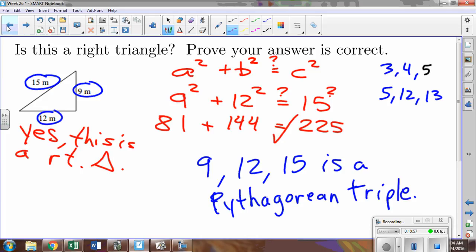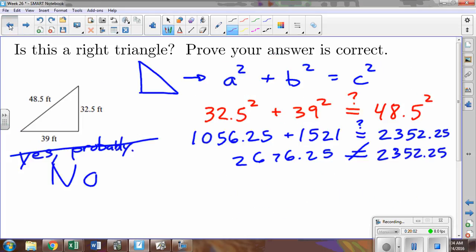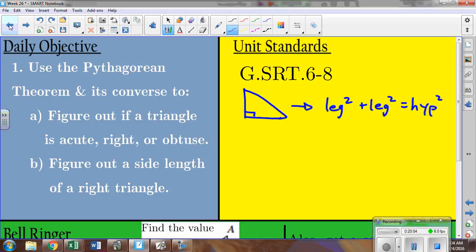Shorter than that is acute, longer than that is obtuse. And thus we'll finish our discussion here. We've looked at the Pythagorean theorem's converse to figure out if a triangle is acute, right, or obtuse.